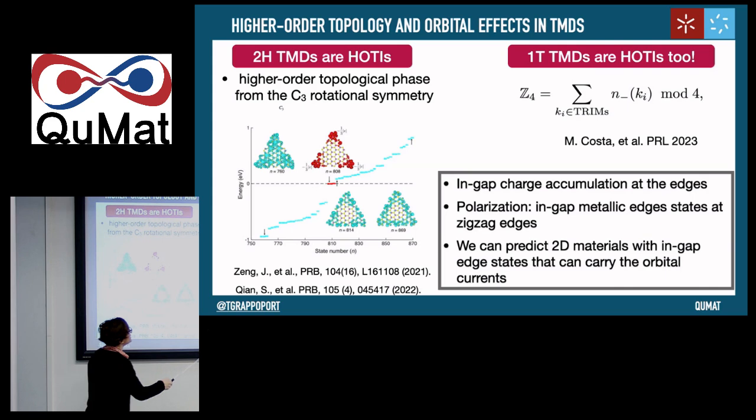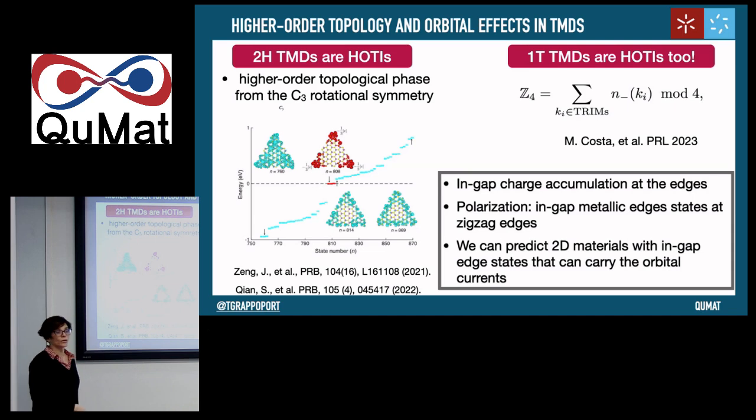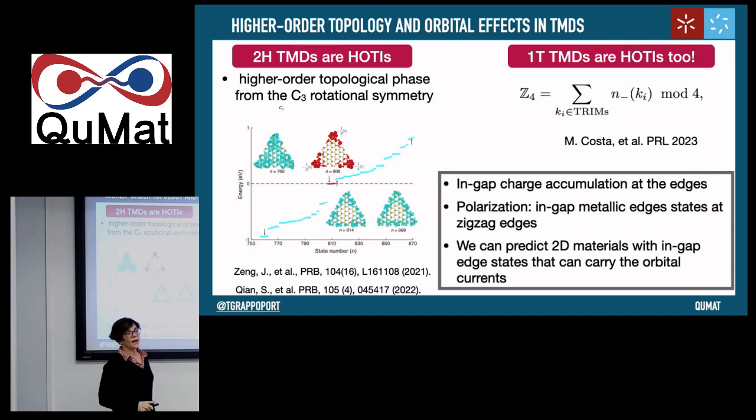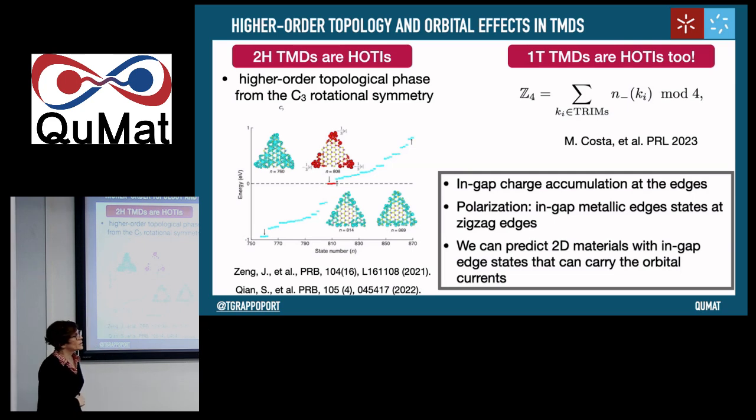So we can actually predict materials that have in-gap edge states that can carry orbital currents, which are the 2D HOTIs. And actually, we tried with high-throughput calculations, and all the HOTIs we saw do have orbital Hall effect plateaus.